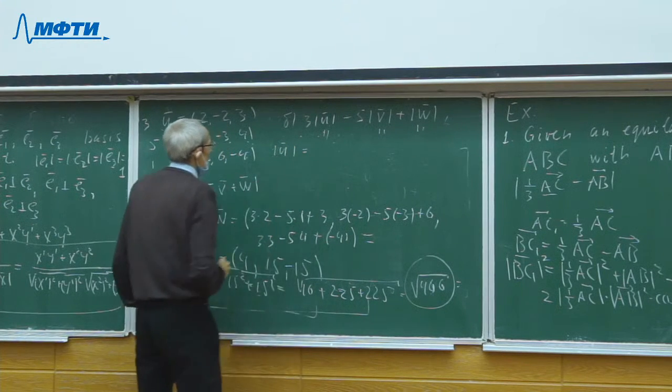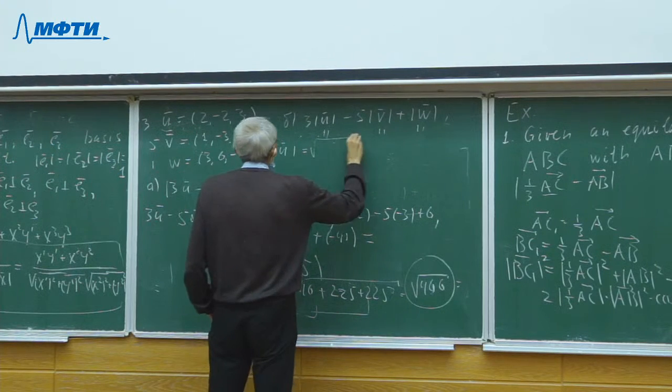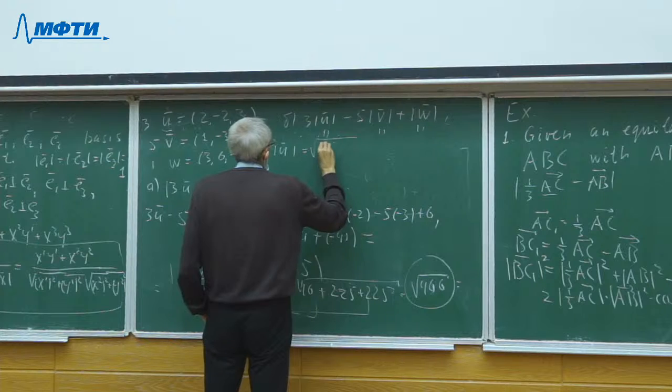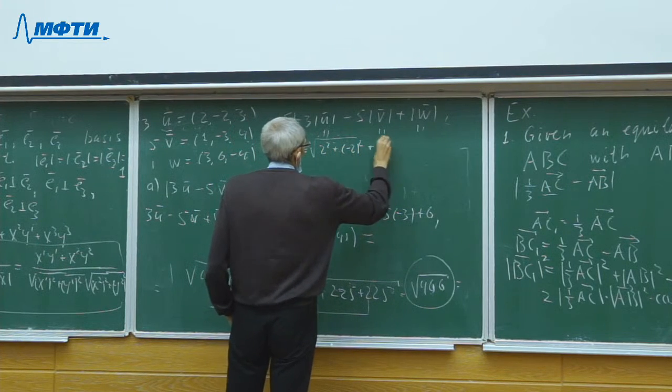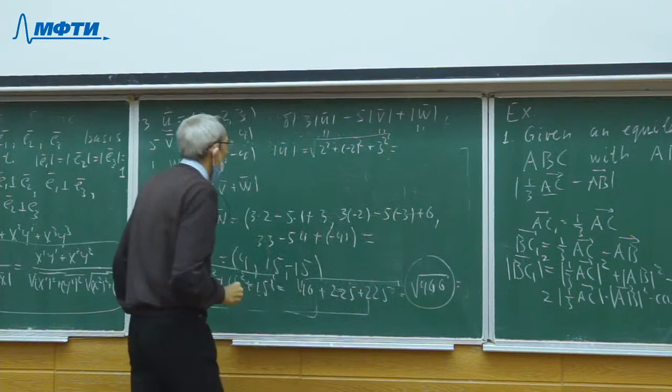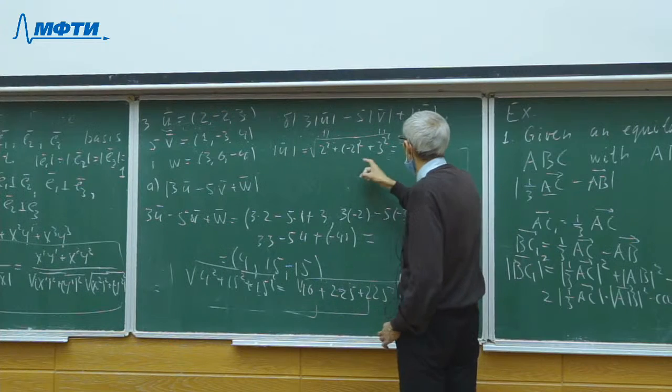And let's calculate the length of each vector. The length of vector u is equal to 449.